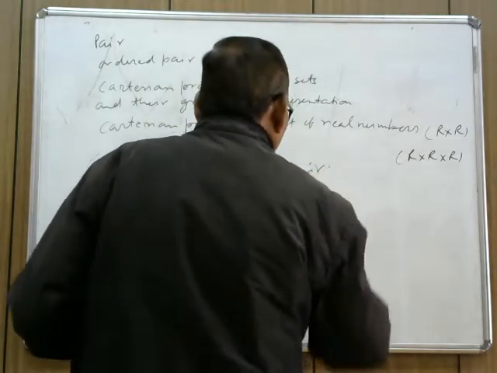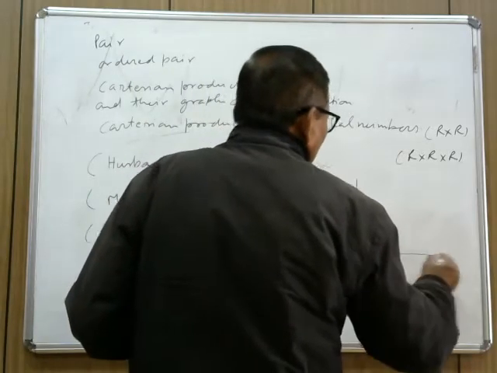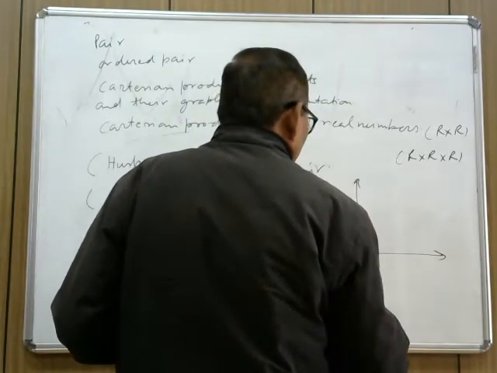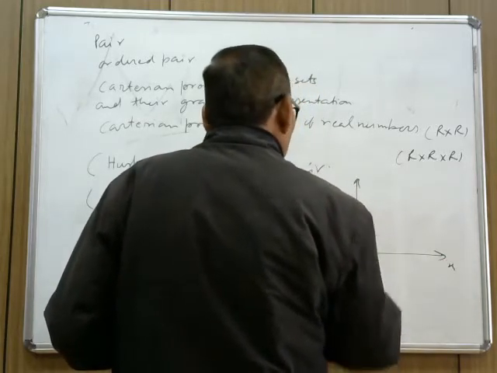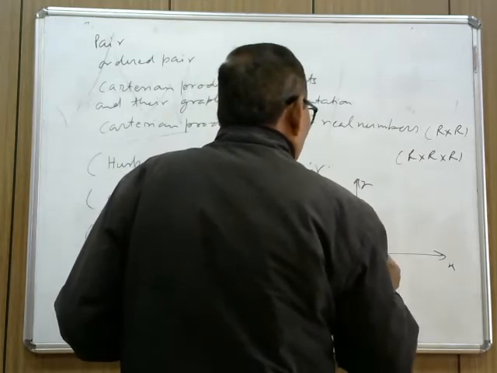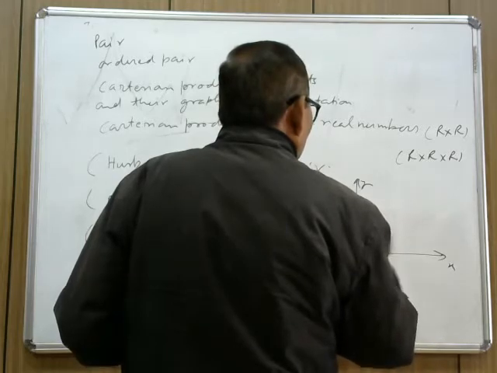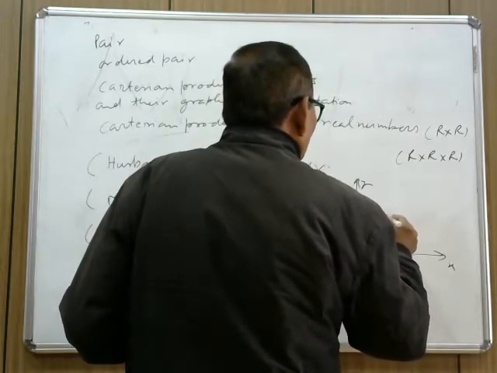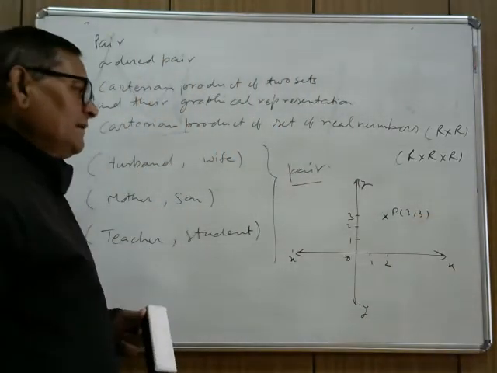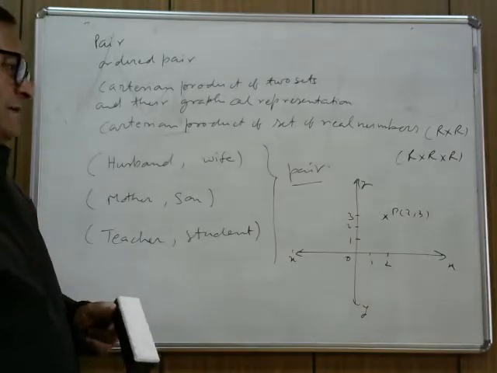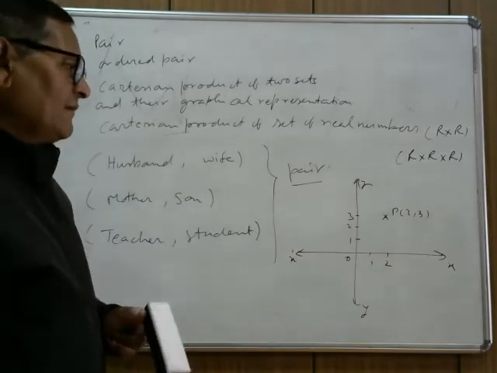You studied coordinate geometry. When you plot the point 2, 3, this point is P (2, 3). This 2, 3 is a pair, but this pair is written in a specific order.